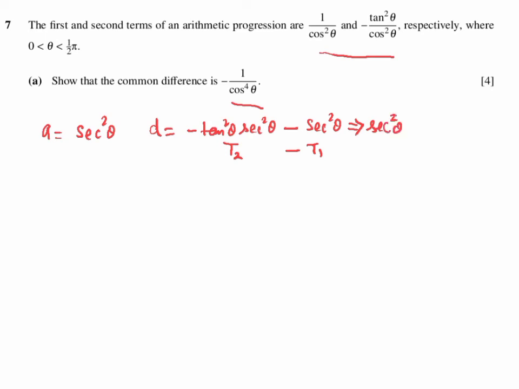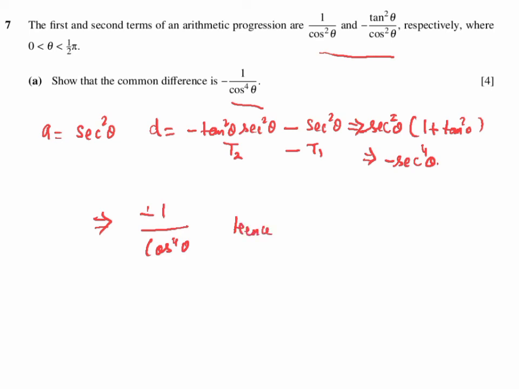Taking minus secant square theta common, you will get 1 plus tan square theta, and 1 plus tan square theta is secant square theta. So ultimately we'll get minus secant to the power 4 theta, which is nothing but minus 1 upon cos to the power 4 theta. So hence proved.